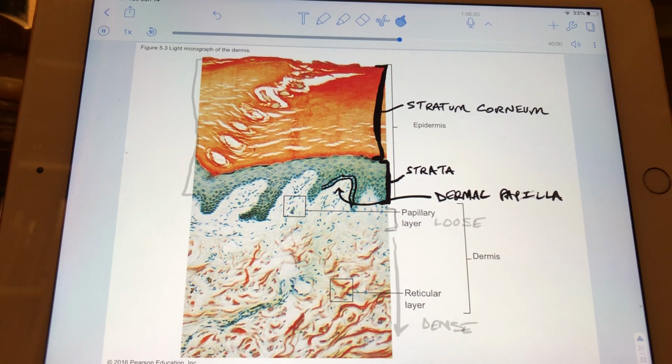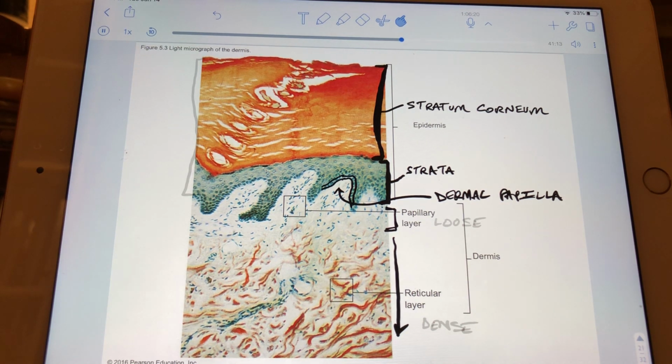All right. Now, the dermal papillae are made out of loose areolar connective tissue because they belong to the papillary layer. Papillary layer is relatively thin, and then everything else, in fact, even beyond this slide, would be reticular layer.